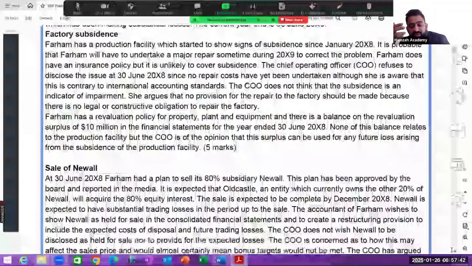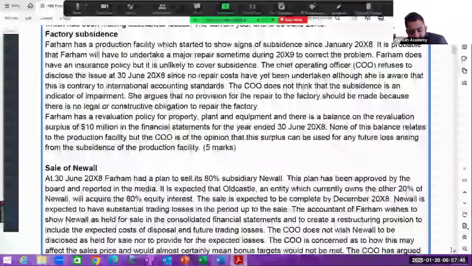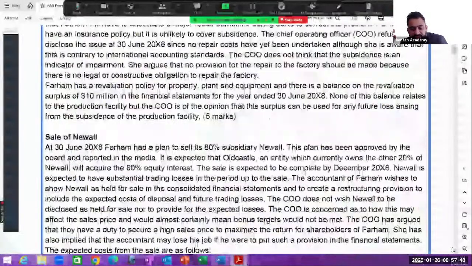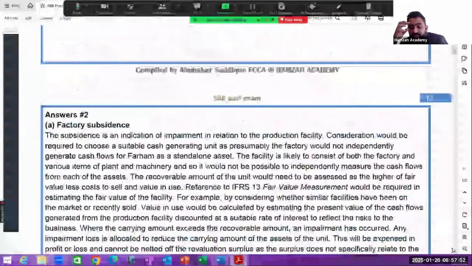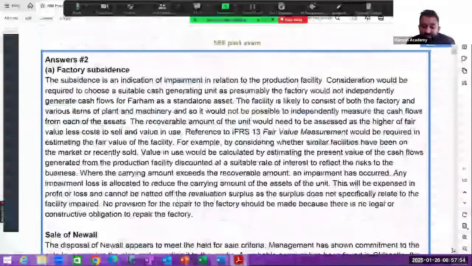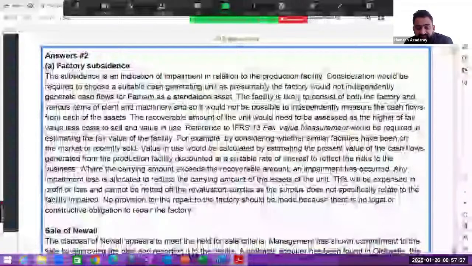Now, these points which we discussed, we will restructure in the answer in paragraph form and discuss these issues. And let me show you how we will write these things in the exam.